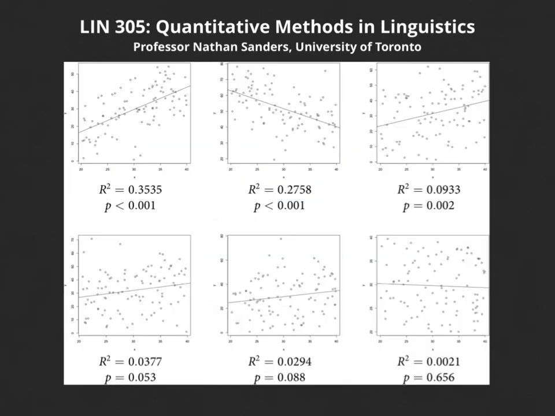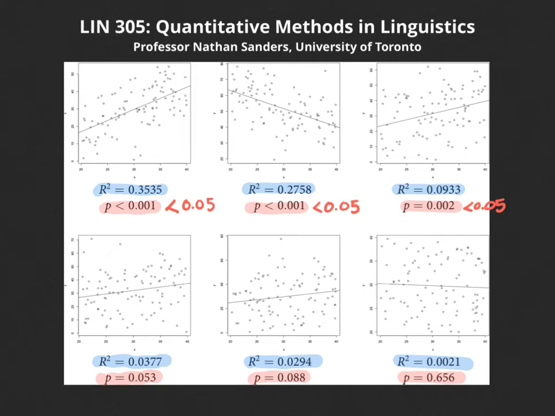Here we see 6 different such combinations of scatter plots and regression lines for 6 different sets of paired data. In each case, we've also calculated the R-squared and p-values for the relevant linear models. In the top 3 cases, we see that p is less than our usual 0.05. This means we can safely reject the null hypothesis that beta 1 is equal to 0.